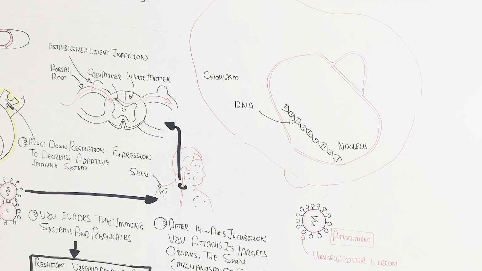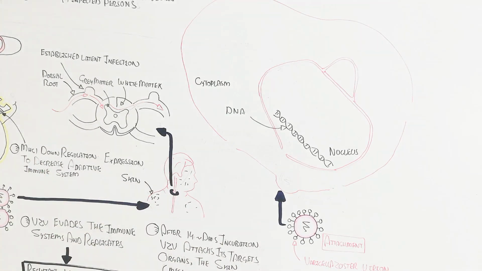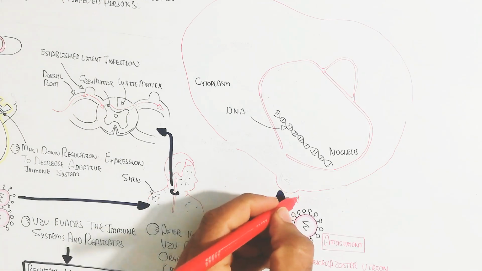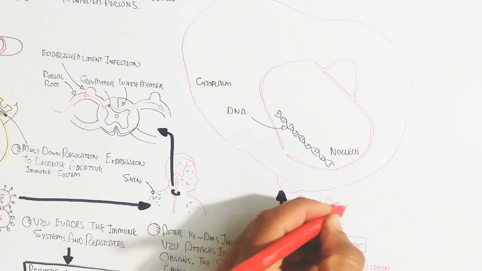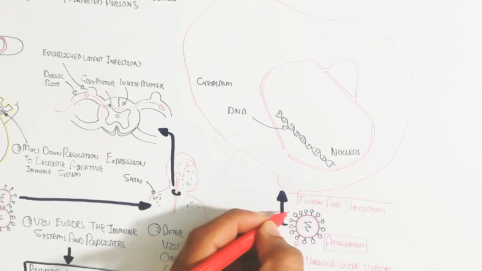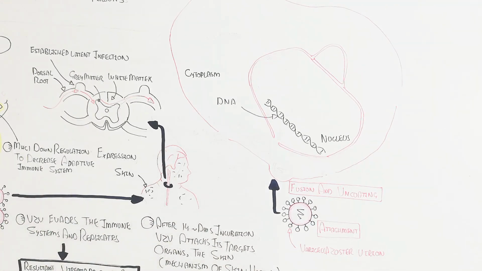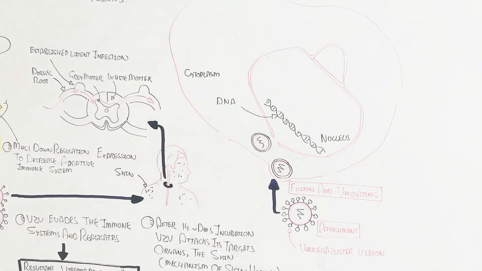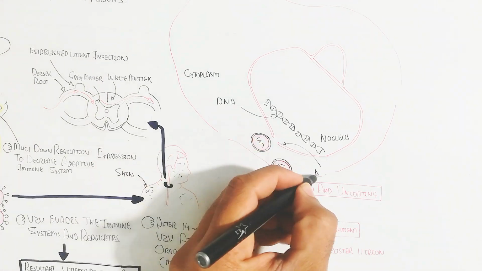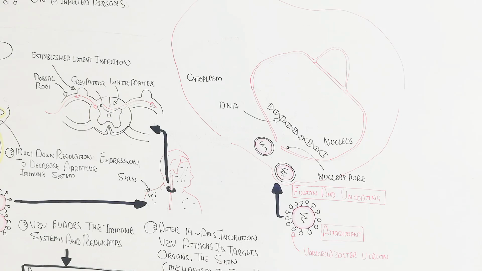After the attachment, the fusion and uncoating. After the uncoating, the uncoated capsid will move into the nucleus through the nuclear pore. Remember that. Several types of proteins like E and L protein are important for the fusion, uncoating and attachment.